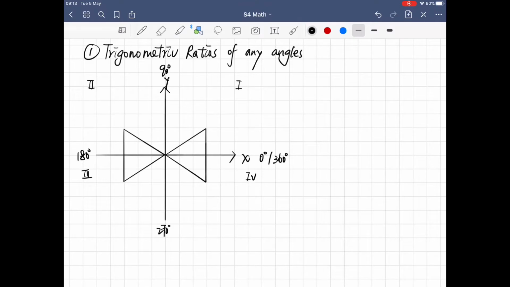So for each quadrant, there is a particular triangle. Okay, so the 4 triangles will look like this. And next, don't forget the angle that we are considering.